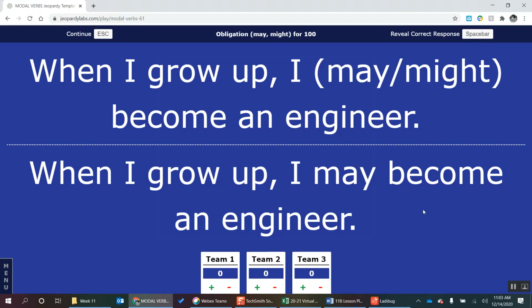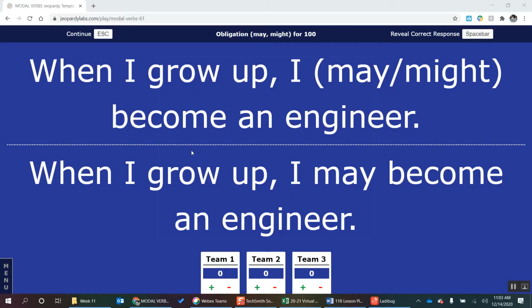So maybe this kid is close to graduating from high school, and he really likes math and science, and so 50-50, he may be an engineer, right? If it's a little kid, a 4-year-old, then you could say, oh, he might be an engineer someday, right? Because at 4, we don't really know if they're going to be an engineer or not. Okay.